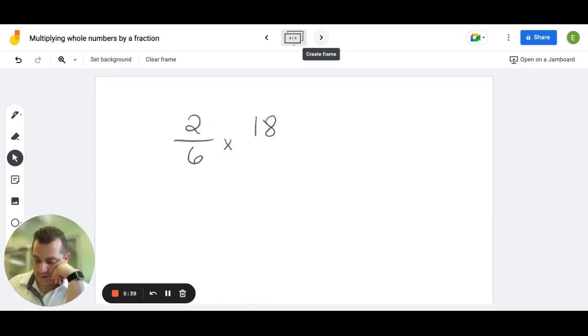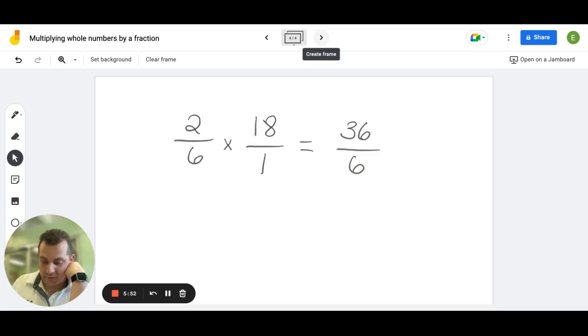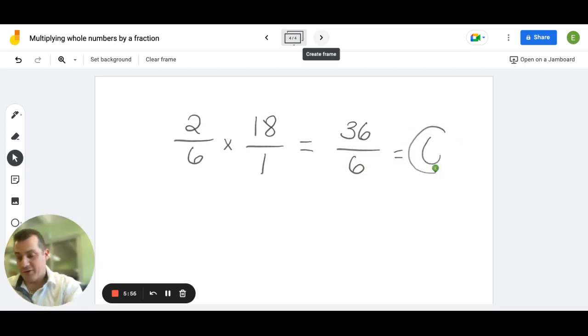I know I'm going to put that 18 over 1. I'm going to multiply it straight across. 2 times 18 is 36. 6 times 1 is 6. 36 over 6. And 36 over 6 is 6. So 2/6 times 18 over 1 is 6.